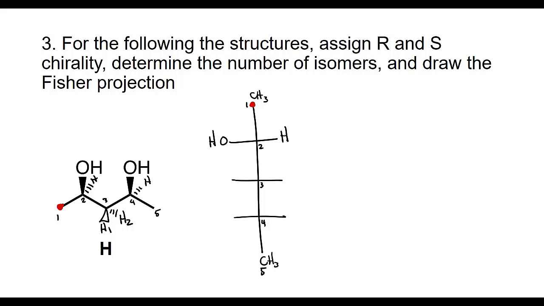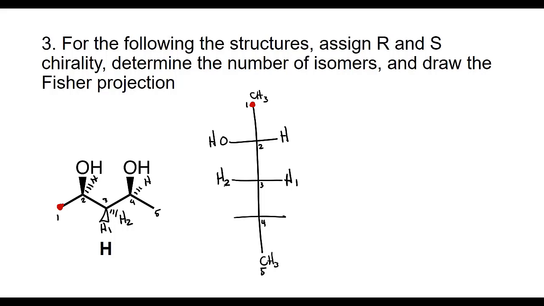Hydrogen 1 is right, hydrogen 2 is left. And you were looking at it that way because when you did the first carbon, for carbon 2, you were looking down from the top down. Yes, I was looking down. I was looking this way.